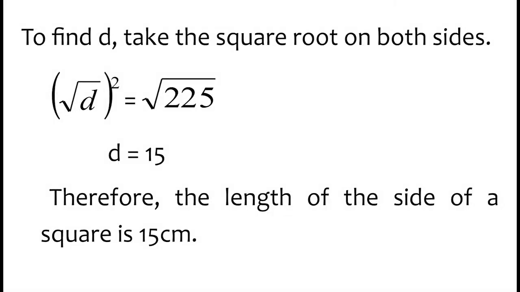Now, to find the value of d, we are to take the square root on both sides. And when you do that, you will have on the left the square root of d square equals the square root of 225.